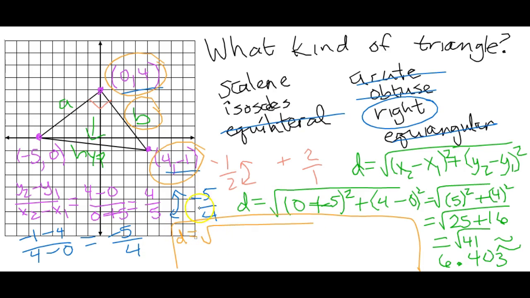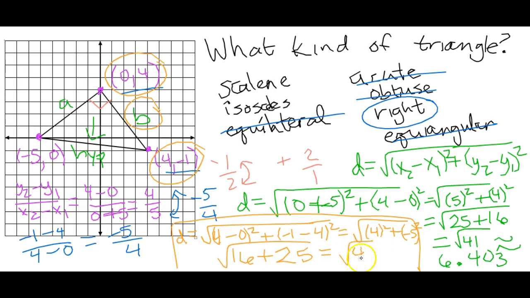So x2 is 4 minus x1 is 0. y2 is -1 minus y1 is 4. 4 minus 0 is 4. -1 minus 4 is -5. 4 squared is 16, and -5 squared is 25.